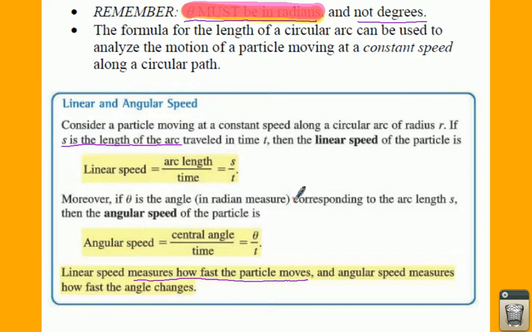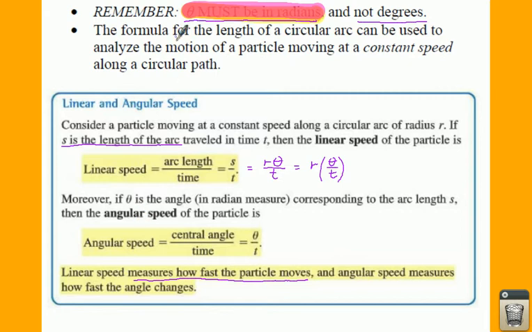We also know that s is equal to r theta, all divided by t. Another way to look at this is to separate the r from the theta over t, and this is going to be important in a moment. So these are three different ways you could represent linear speed.